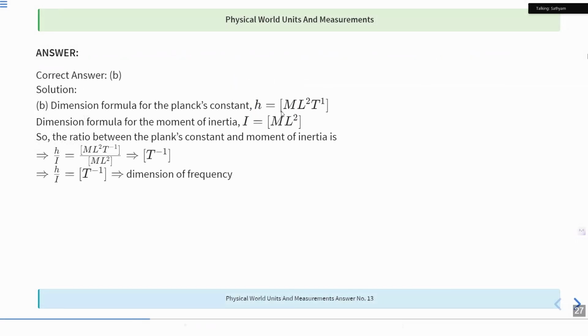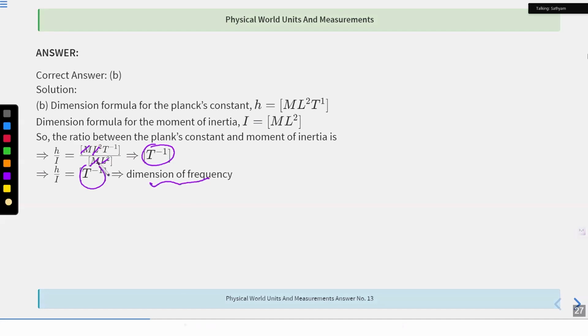So the dimensional formula of Planck's constant is this. And the dimensional formula of moment of inertia I is ML². You have to calculate the ratio. As you need to calculate the ratio, this M and this M will get cancelled, L² gets cancelled. You have T⁻¹, which is h upon I is T⁻¹.